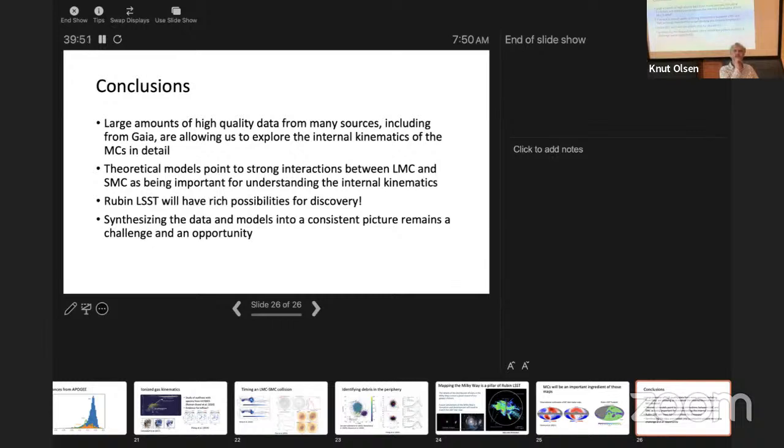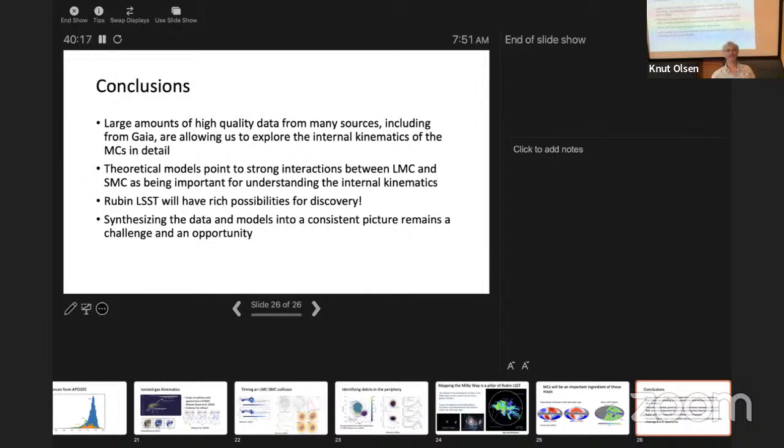I think continued work on picking out the kinematic outliers, combining it with metallicities to try to find the origin, could give a more accurate answer to that. Yeah, that's a good question.